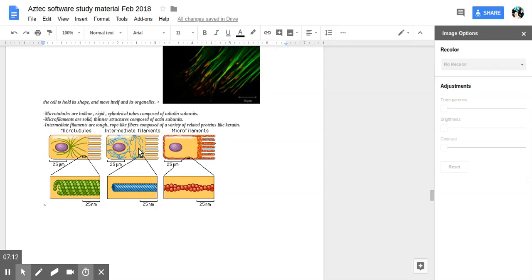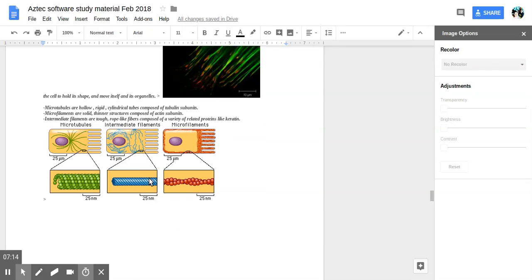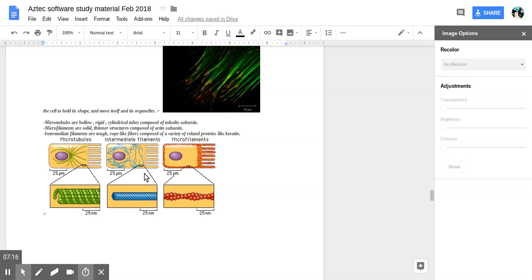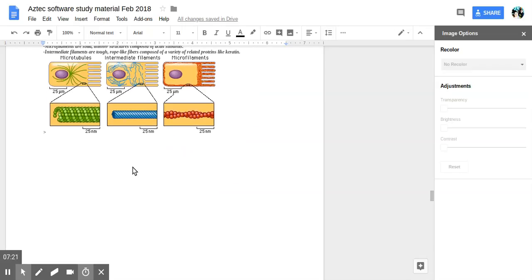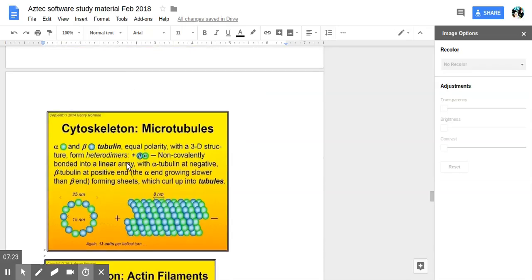Okay, so there's actually three kinds. Those are the major kinds of filaments.